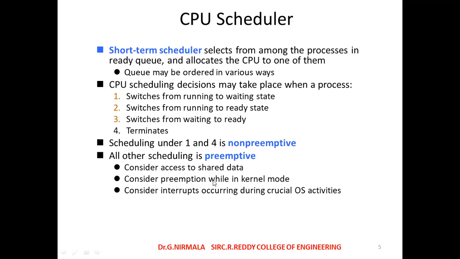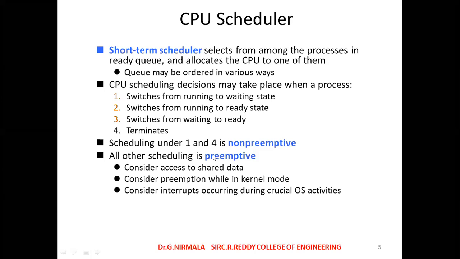For example, in the case of preemptive, whenever a particular process is in execution state and at that moment some IO is required, it will be moved from the running state to the ready state. Then automatically the CPU will be switched to the next process.